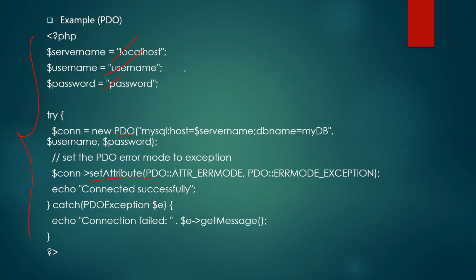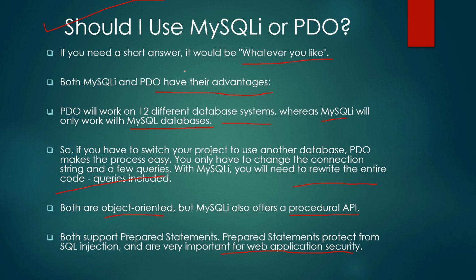PDO is much more advanced than MySQLi because it works with 12 different database systems, whereas MySQLi works only with MySQL. But they have some similarities as well: both are object oriented and both support prepared statements, and prepared statements protect us from SQL injection and are very important for web application security.